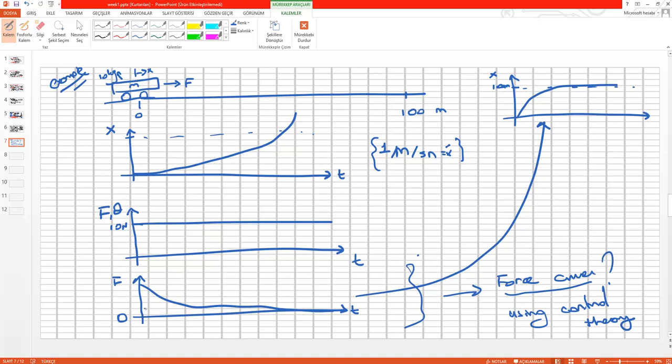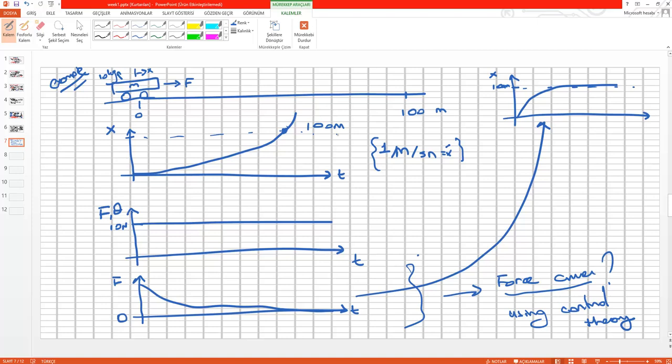We always condition the force value to be applied to the system based on the control theory, or its theoretical calculations, right? Otherwise, if we choose this one to control this, then this cannot be stopped at the 100 meters.